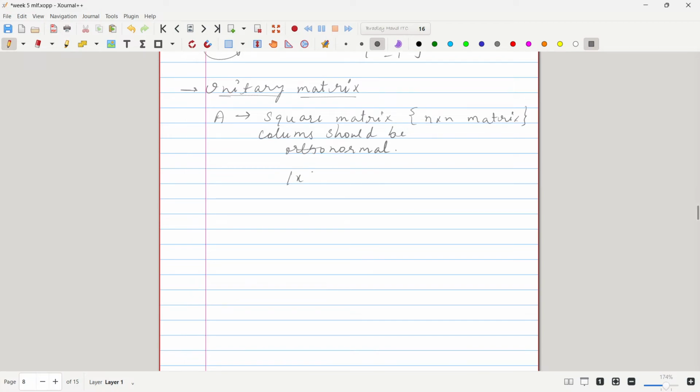That means the length of the columns should be equal to 1. Okay.